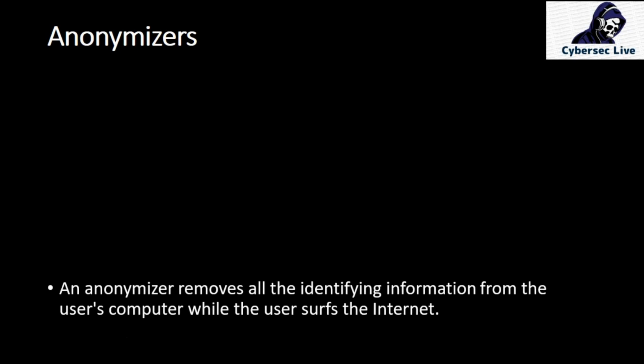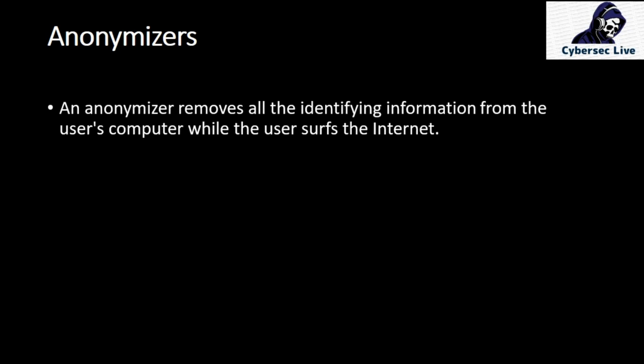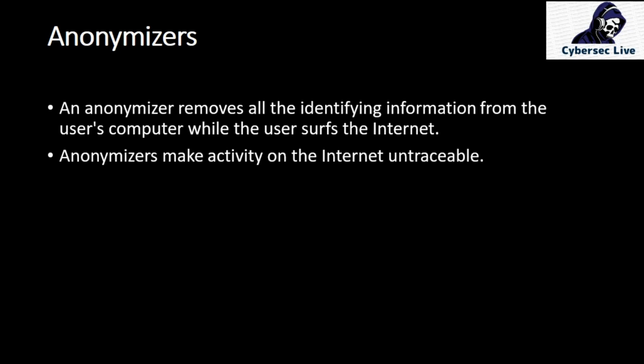Okay, so the next one we have is anonymizers. You got to know about proxy tools, proxy chaining, and proxy servers, right? So now, what is an anonymizer? An anonymizer removes all identifying information from the user's computer while the user surfs the net. So anonymizers make activity on the internet untraceable.